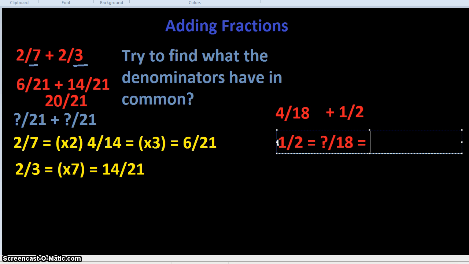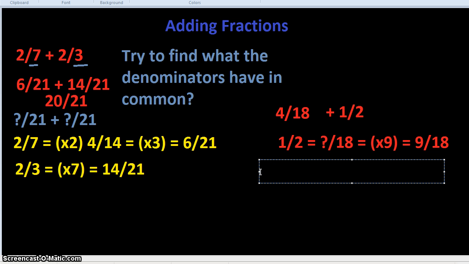It's 9. So we're going to multiply top and bottom by 9, and we get 9 over 18. 1/2 is the same as 9 over 18. So now we have a new thing to add, which is 4 over 18 plus 9 over 18, which now equals 13 over 18.